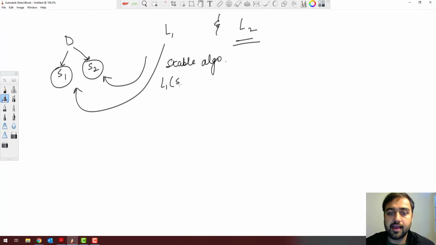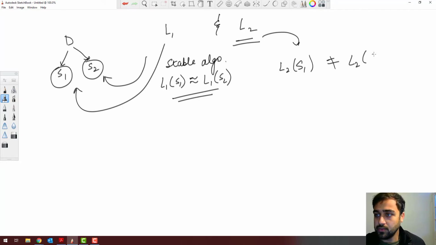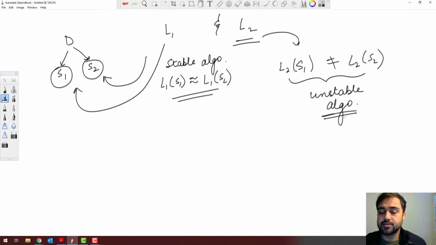So if L1 of S1 is almost similar to L1 of S2, then it's a stable algorithm. But in the case of L2, let's say the output of the model for S1 is not similar to S2, we say such an algorithm is an unstable algorithm, right?